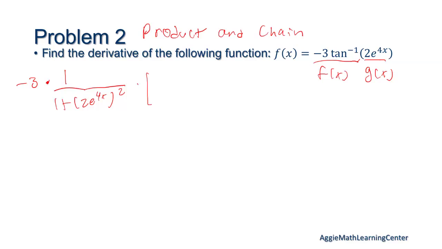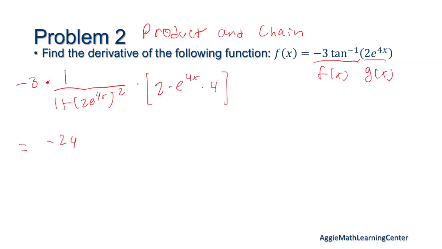So I'm going to bracket it off just because I really like to separate all of my terms. It's going to be 2 times the derivative of e to the 4x. And I have to take the derivative of the 4x because it's the chain rule again. So it'd be times 4.